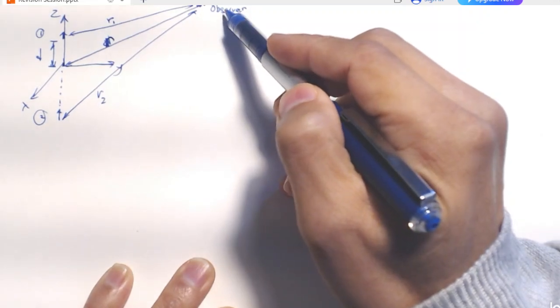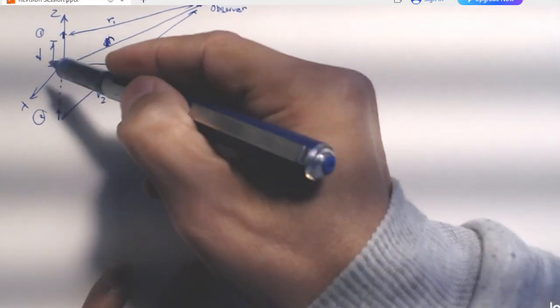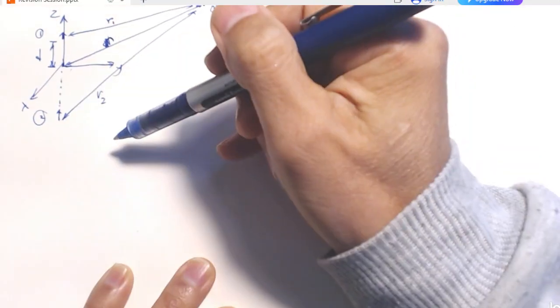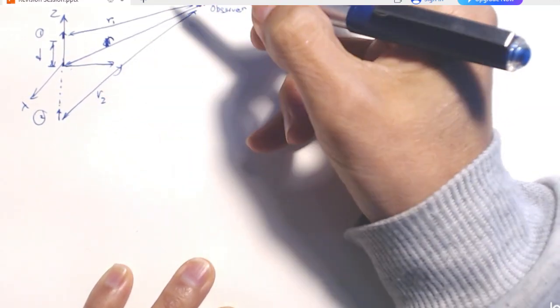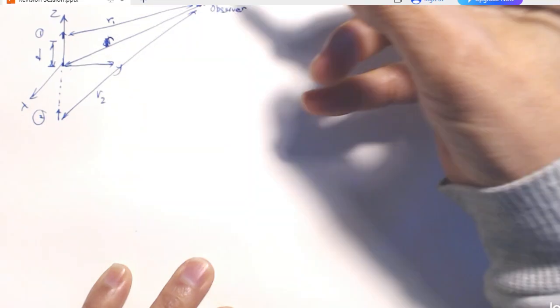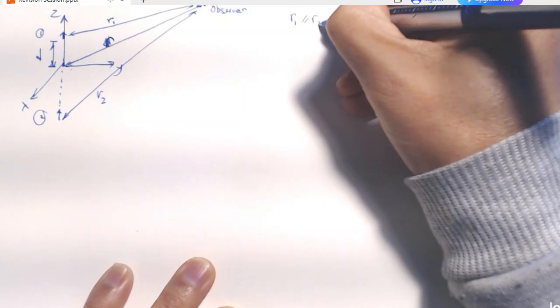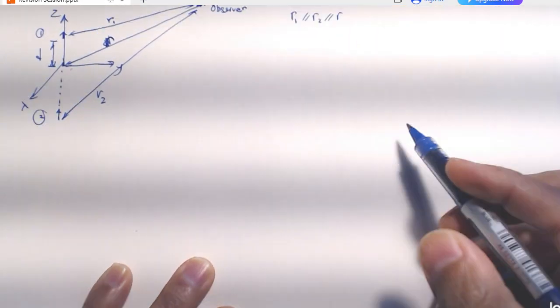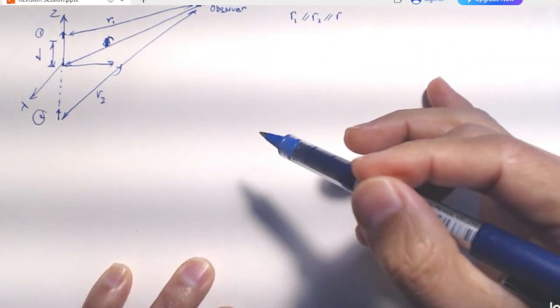The observer will be very, very far away from this setting. So in this case, the pathways R1 and R2 are essentially parallel. R1, R2, and R are essentially parallel.